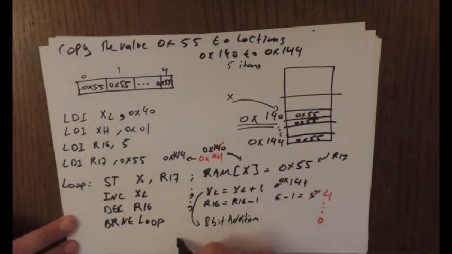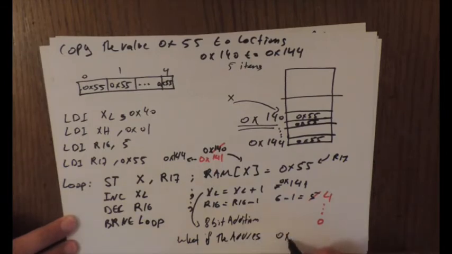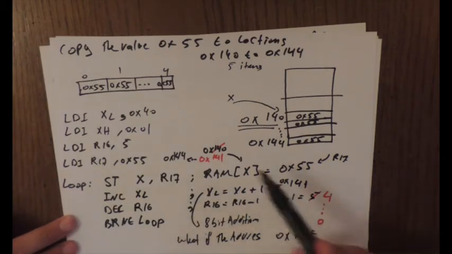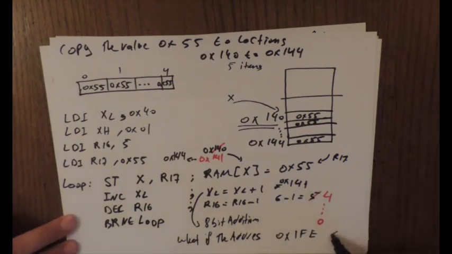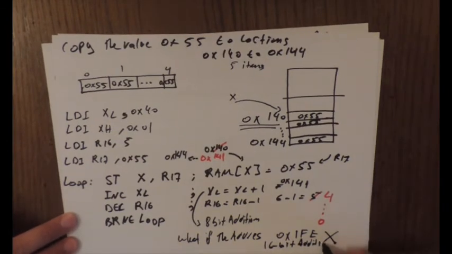What if the address was, let's say, 0x1fe? So the first time it will be 1ff, the second time should be 200. If I write my program this way, this will not work. I need to do a 16-bit addition for this to work.